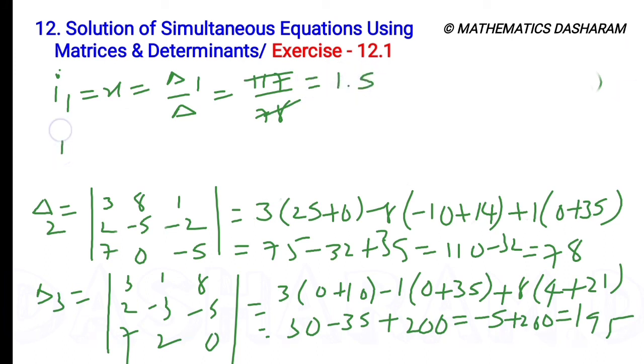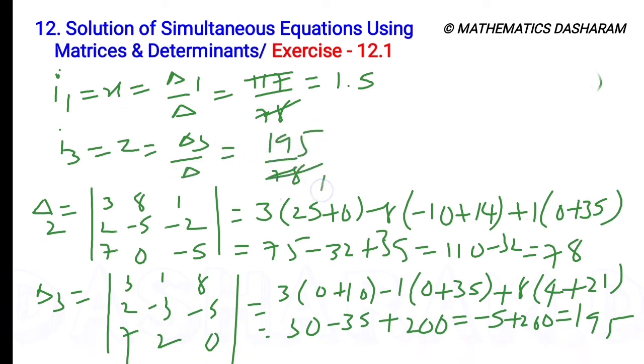Next, i3. I3 means z, whose formula is delta 3 divided by delta. So delta 3 is 195 divided by 78. 78 twos are 156, so 2.5. So the required answer is i1 equals 1.5 and i3 equals 2.5.